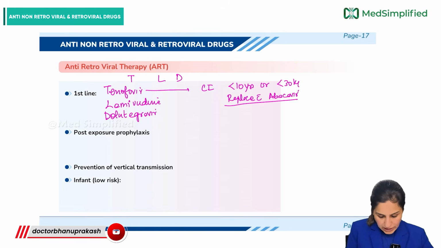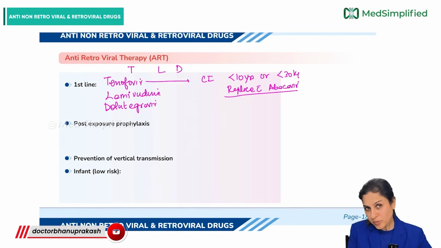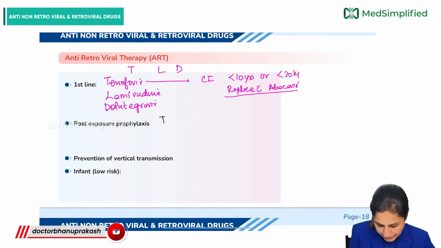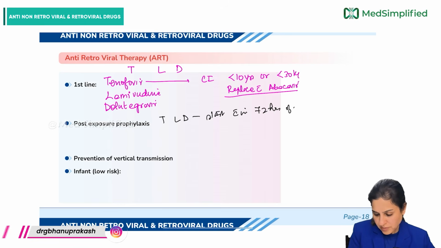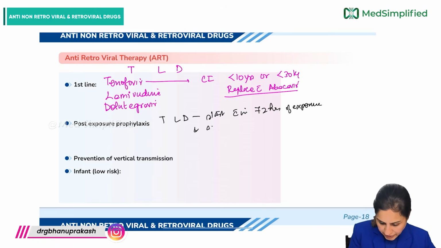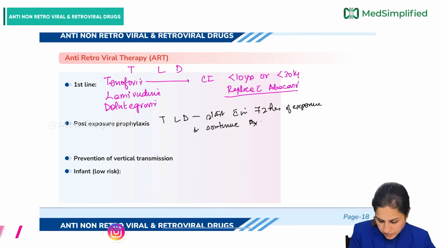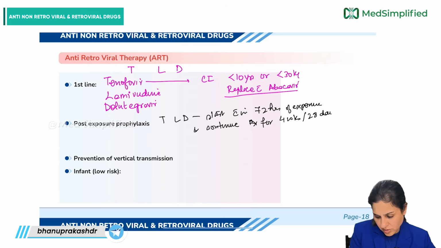Okay. Now, post-exposure prophylaxis, same drugs you're using. TLD. You have to start within 72 hours of the exposure and continue the treatment for 4 weeks or you can say 28 days.